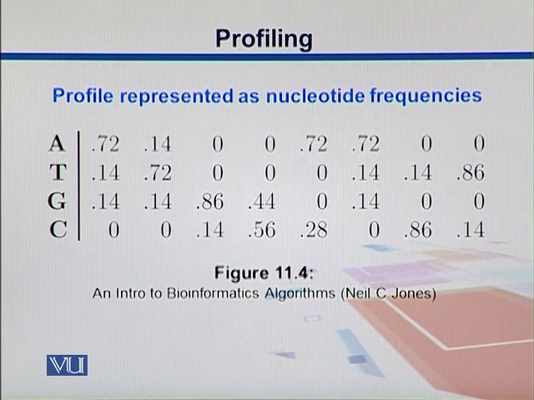Profiles, in the case of nucleotides or DNA, we can represent as the frequency of nucleotides in the databases or in our training data set, where we can have a set of different sequences. So for example, here on position number 1, or column number 1, we have a total of 8 columns in this alignment.